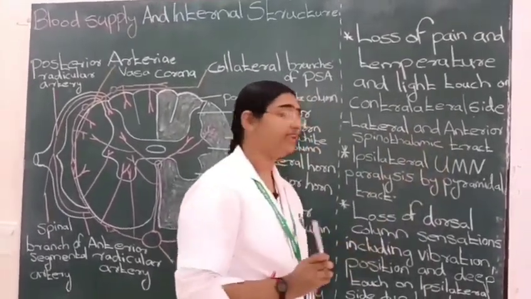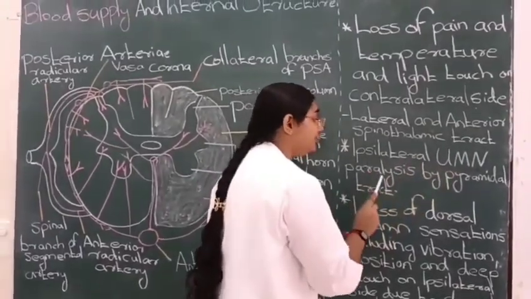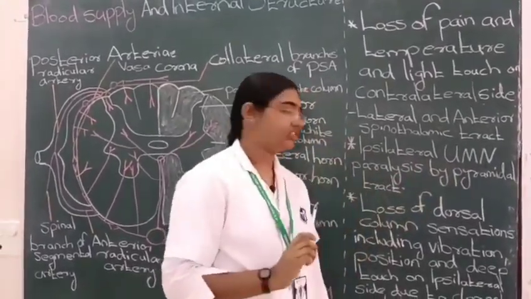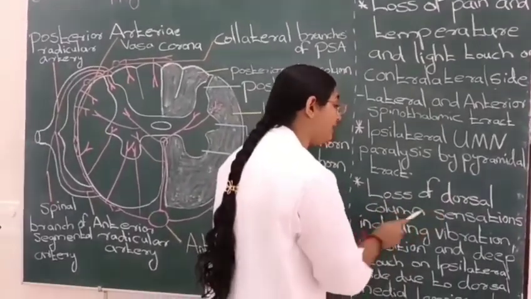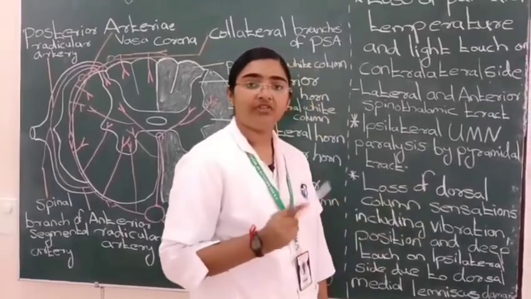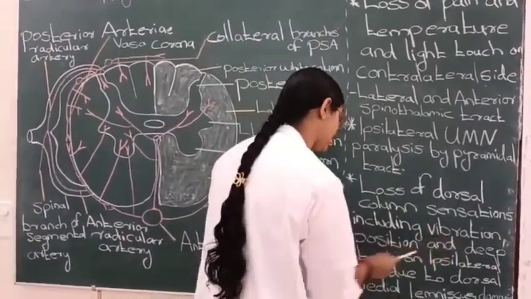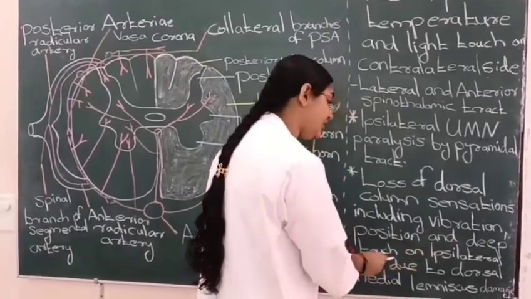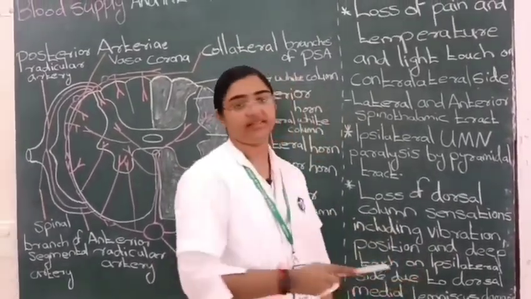The patient will have ipsilateral upper motor neuron paralysis due to pyramidal tract damage. The patient will also have loss of all dorsal column sensations. Which are the dorsal column sensations? Vibration, position and deep touch on the ipsilateral side due to damage of the dorsal column medial lemniscus pathway.